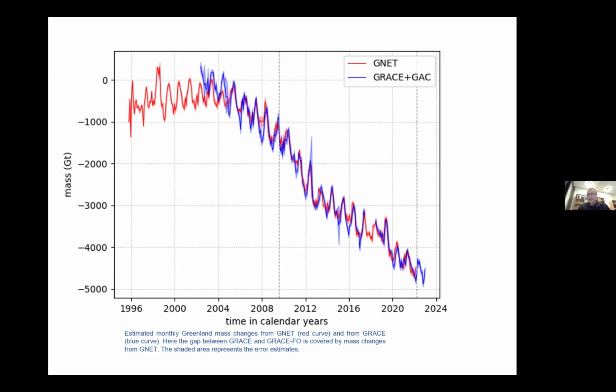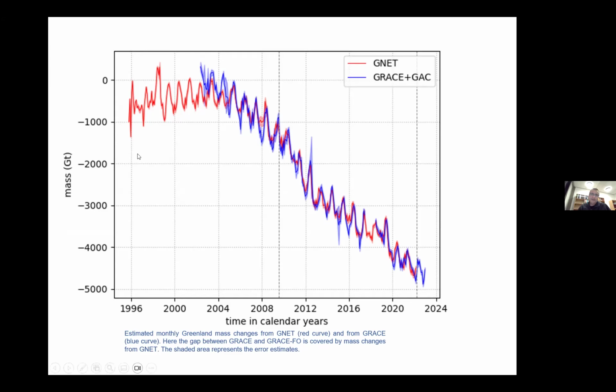So the blue curve here shows mass change from GrIS, and the red curve shows mass change from GPS, or a combination of all GPS stations in Greenland. And it's almost perfect. There's almost a perfect fit between GPS and GrIS. And it also means that we can use GPS to go further back in time.